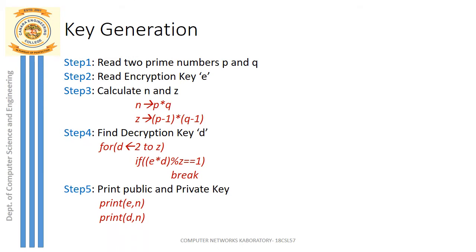The first process in the RSA algorithm is key generation. We consider the pseudocode for key generation. As a first step, we read two prime numbers, which will be stored in P and Q. In the second step, we read the encryption key directly from the user, or else we can find it by using GCD.